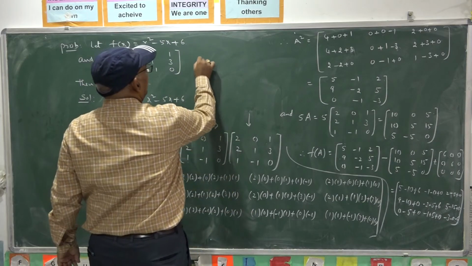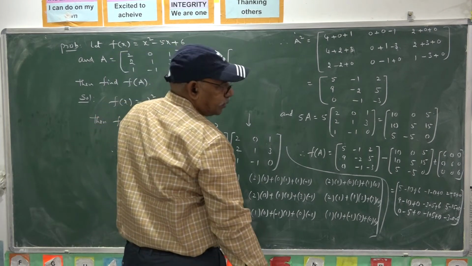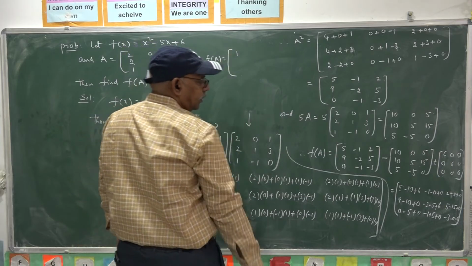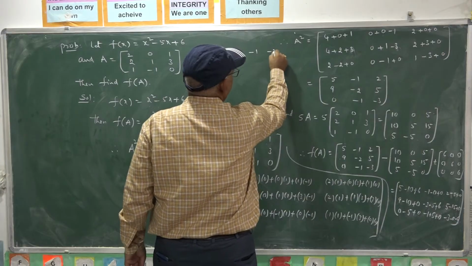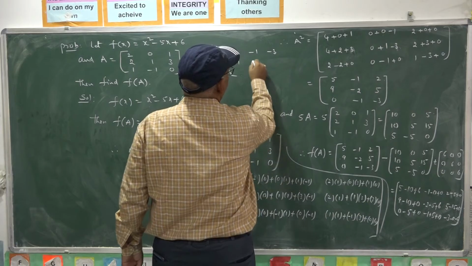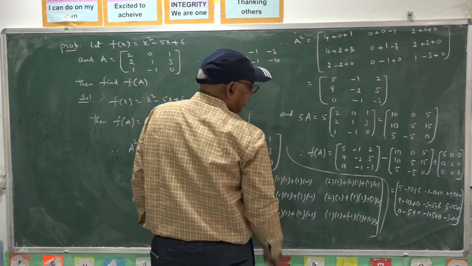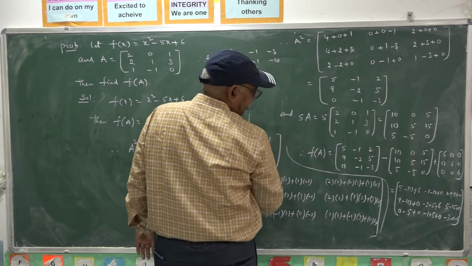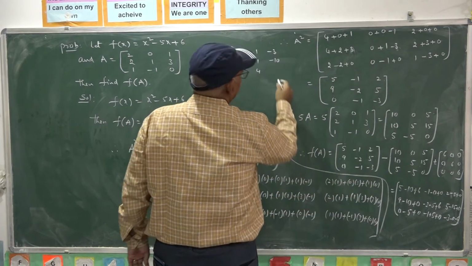So, ultimately f of A is given by 1, minus 1, minus 3, minus 1, minus 1, minus 10, minus 5, 4, minus 9. Here minus 1 plus 5 gives us 4, and minus 3 minus 6 is minus 9.